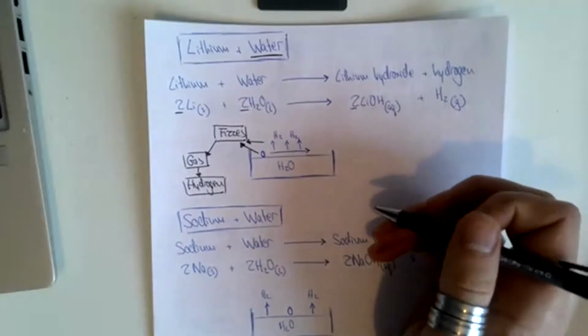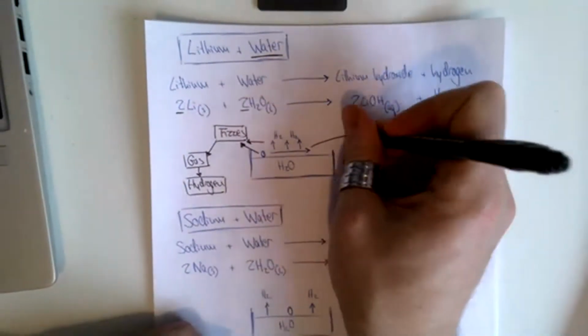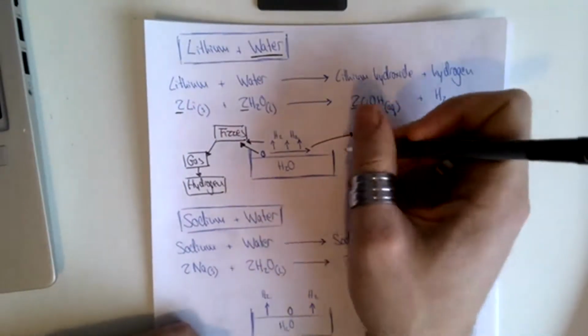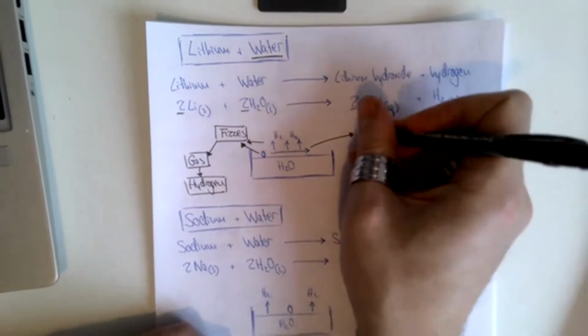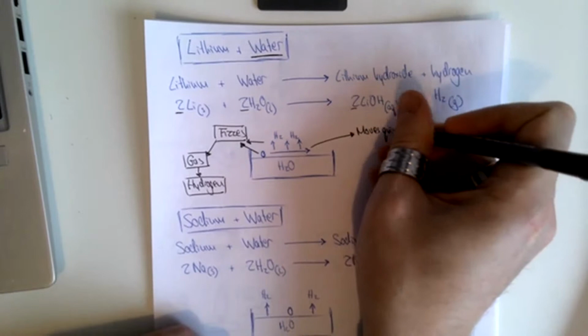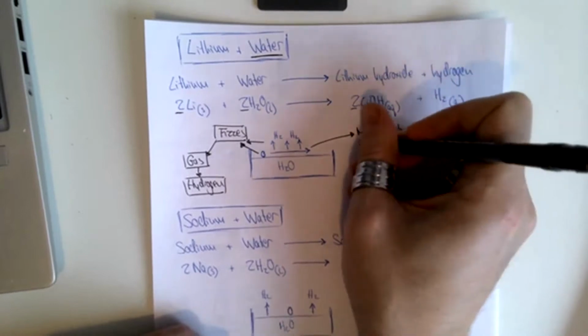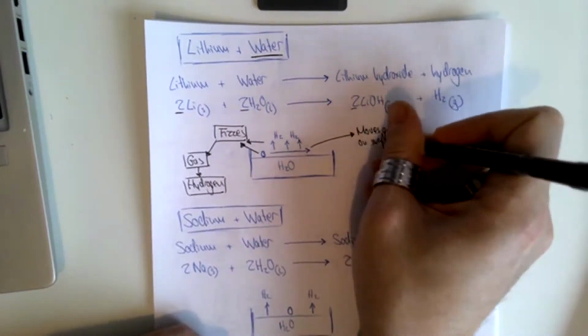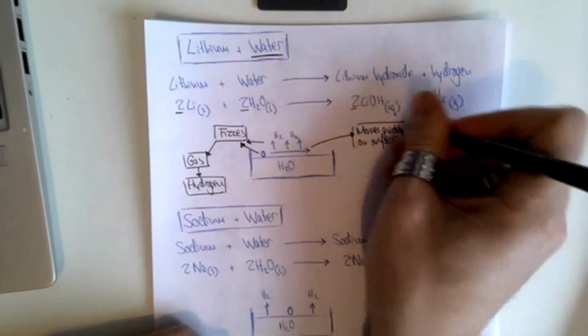That gas allows the piece of lithium to move quickly across the surface of the water, sort of buzzing around, if you remember having seen this before.